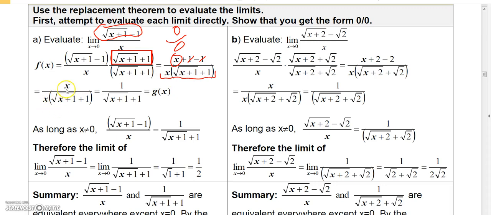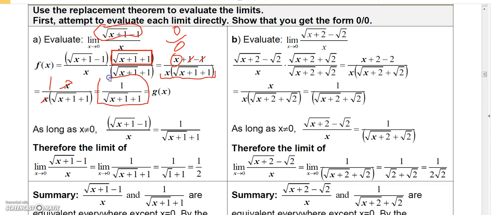So now I have x in the numerator, and in the denominator I have x times this expression. And so I can cancel x over x and just get 1. Then I would have 1 over square root of x plus 1 plus 1.